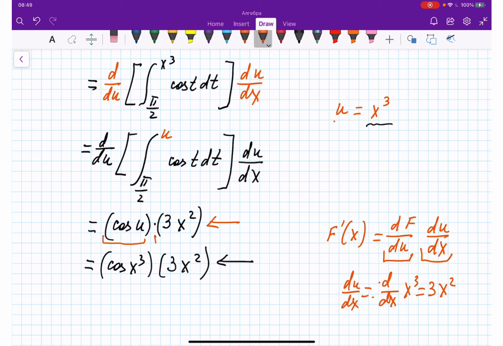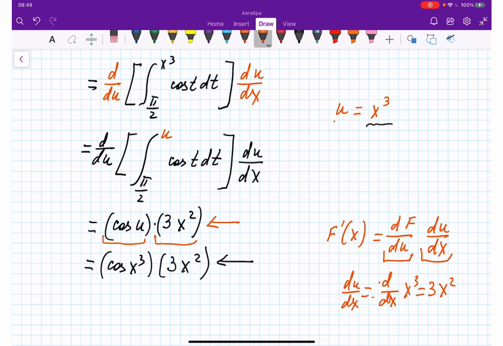This is where we got this 3x squared from. And in the second line, where I'm rewriting cosine u replaced with x cubed and 3x squared, it's already there. Okay? So you can turn around and verify if you want to.